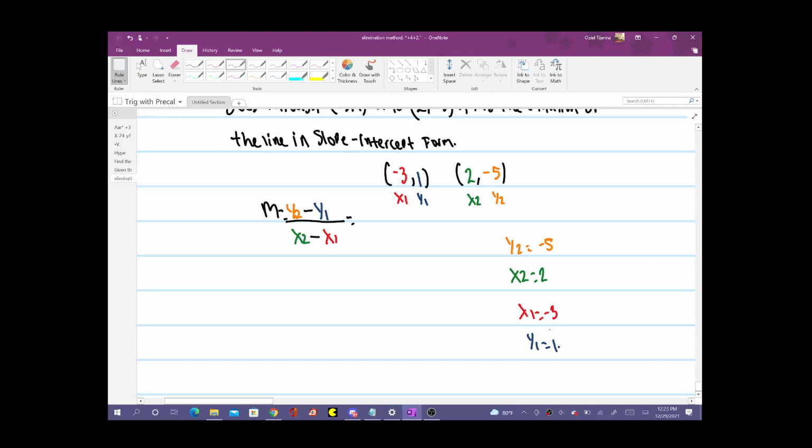So now we're going to have -5 minus 1 over x2, so it's going to be 2 minus -3.